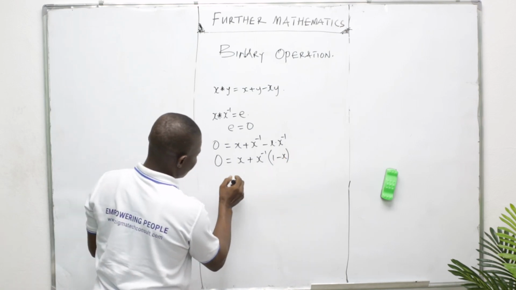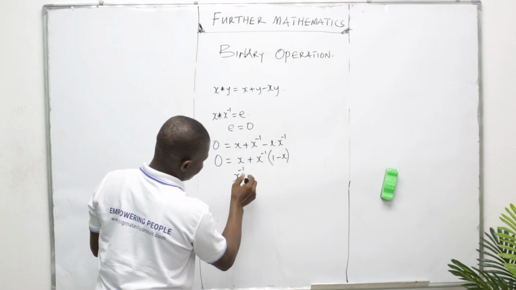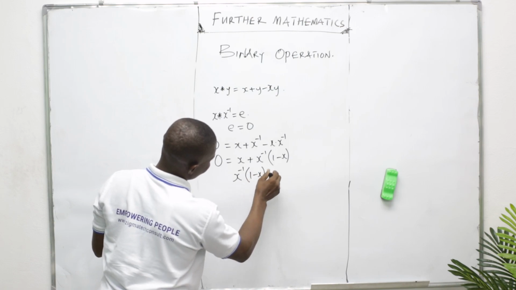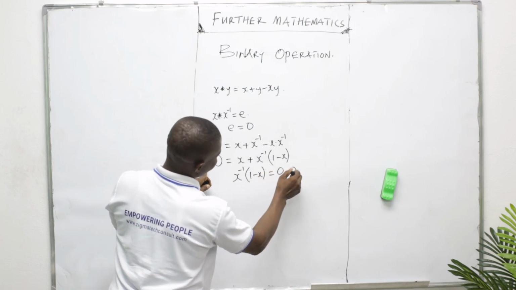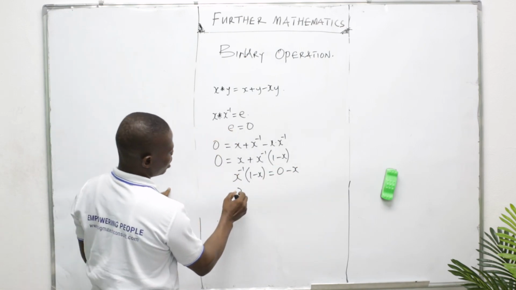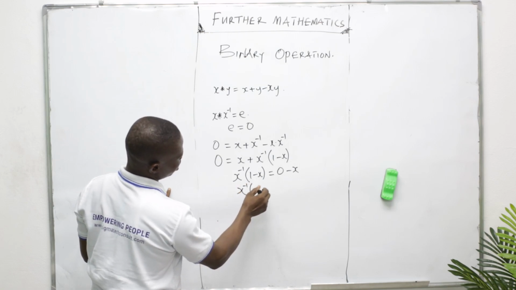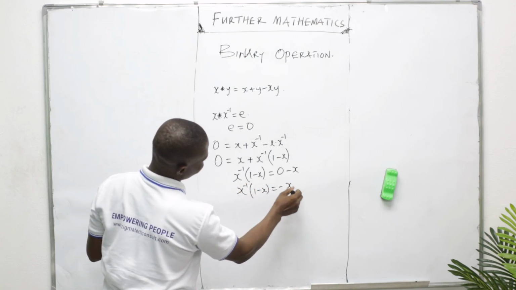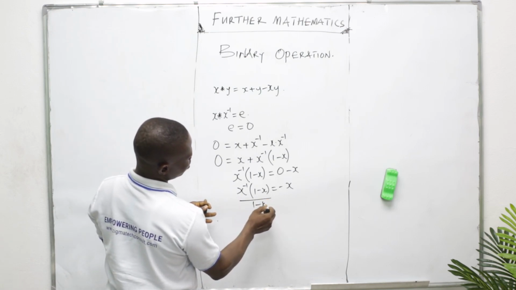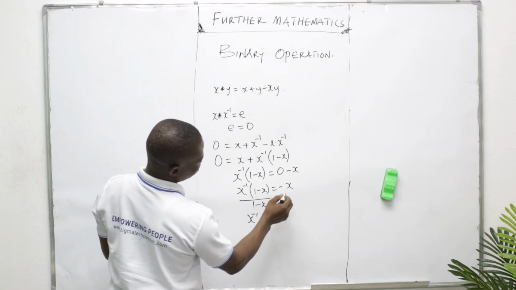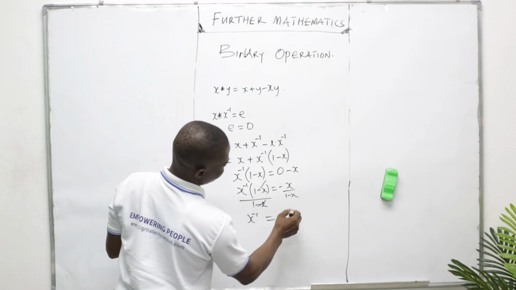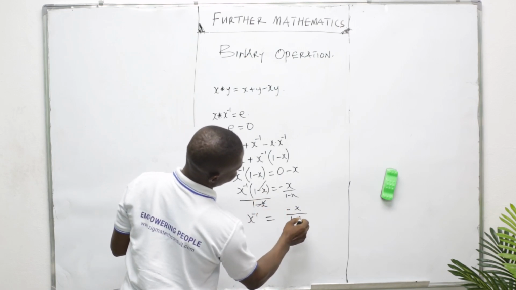So that x inverse times 1 minus x equals 0 minus x. I am transferring this so that I can make this the subject of the formula. Now, x inverse times 1 minus x equals minus x. So making the subject of the formula means dividing through by who? 1 minus x. So x inverse equals minus x all over 1 minus x.